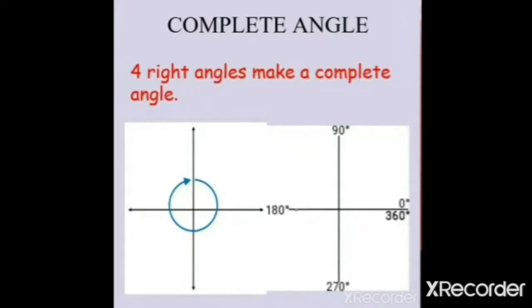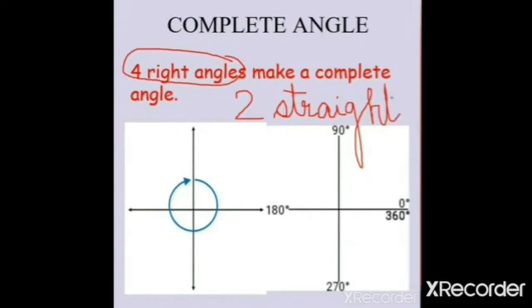Now let us learn about complete angles. 4 right angles make a complete angle. Remember, 4 right angles make a complete angle. That means 2 straight angles make a complete angle. What is the measurement of a complete angle?